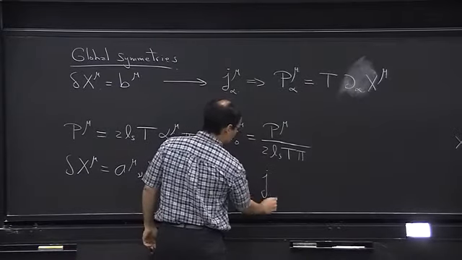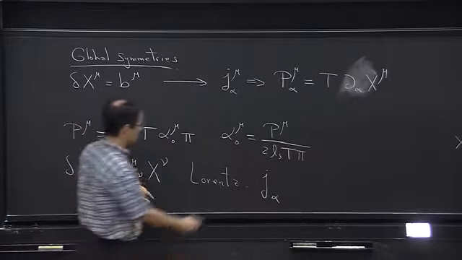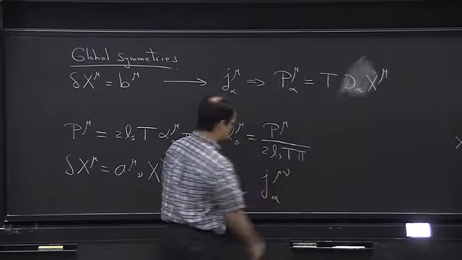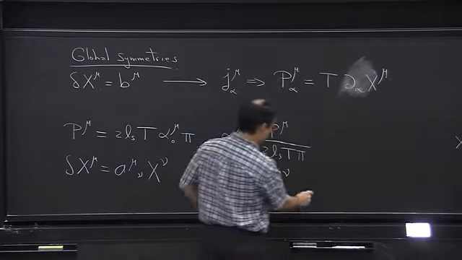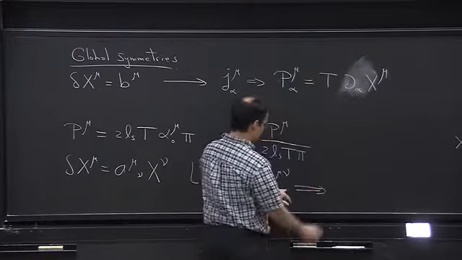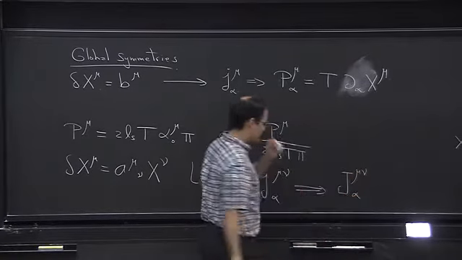Now, in this case, you will have many, many currents, right? They are actually labeled by 2 indices. Here it's natural to call them J mu nu.